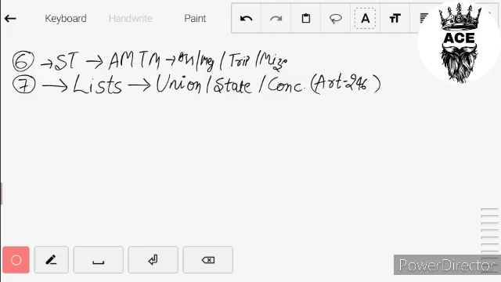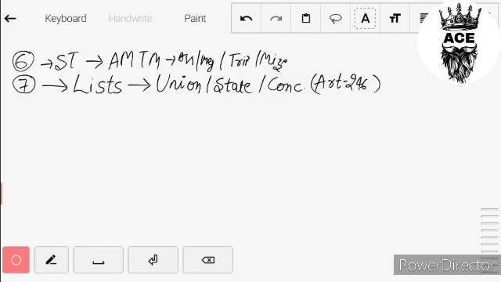So you understand that the lists are the union list, state list and concurrent list. But one question arises here: who administers the union list? The center administers the union list. The union list is under the center and the state list is under the state government.